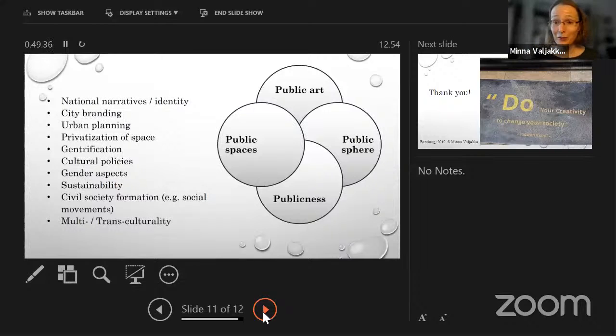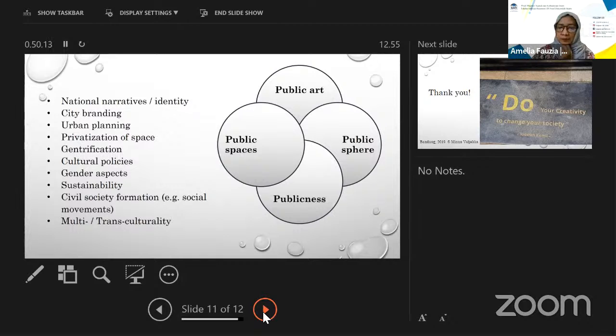So for example, if we look into the gender aspects for a moment, of course it is very important to first see how many female artists have actually been doing public artwork, who have been commissioned to do public artwork. So I think you might know Dolorosa Sinaga. She's one of the very famous Indonesian female artists, very famous for her female artworks, also internationally.